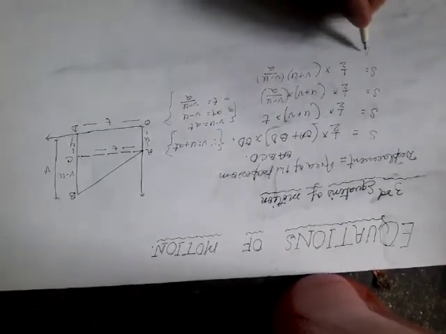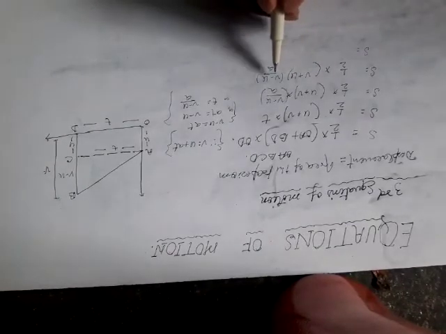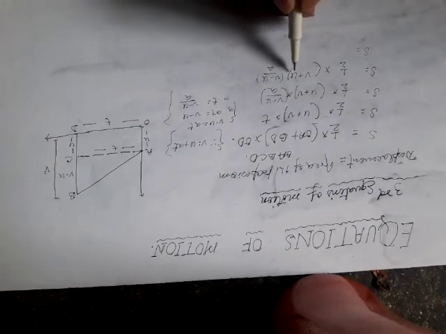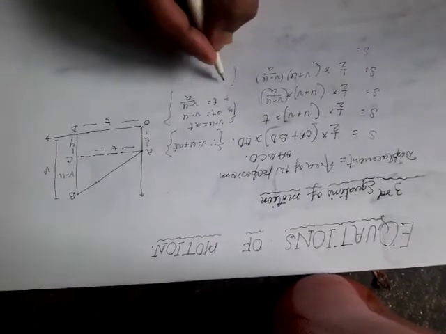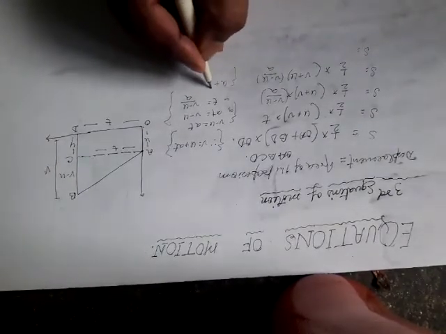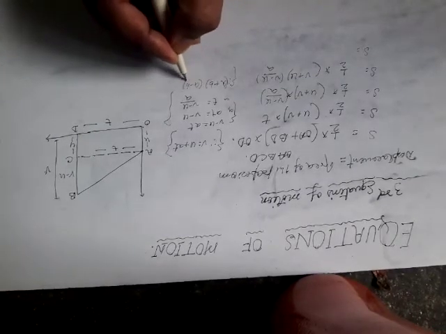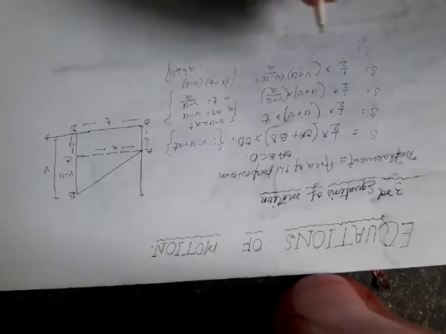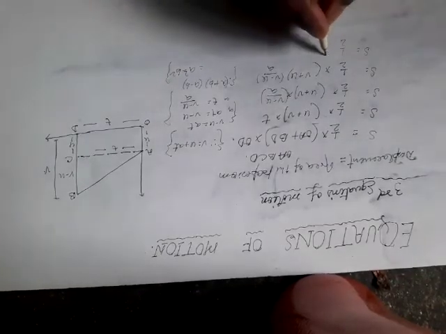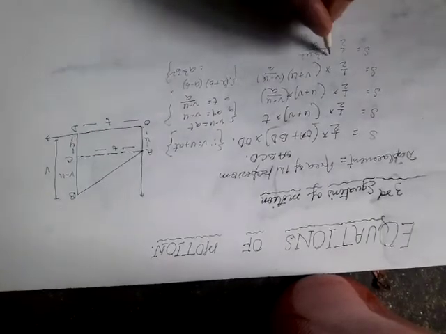We observe here that we have v plus u and v minus u, that is a plus b into a minus b, and we know the formula that a plus b into a minus b is equal to a square minus b square. So we substitute here v square minus u square upon a.